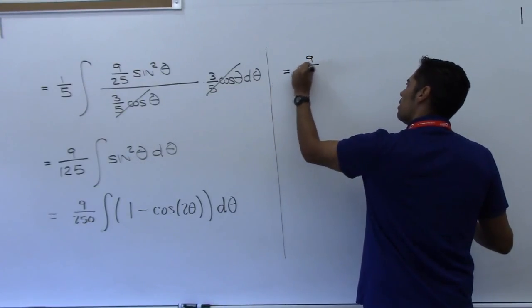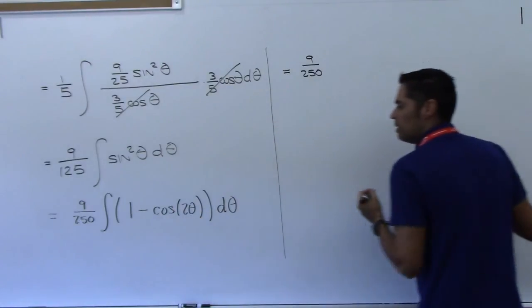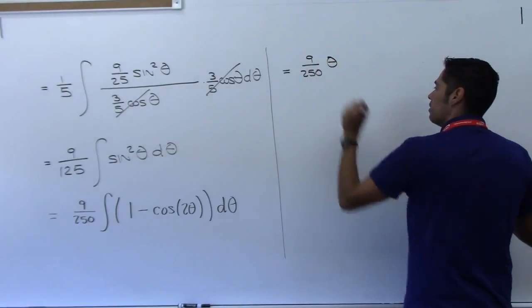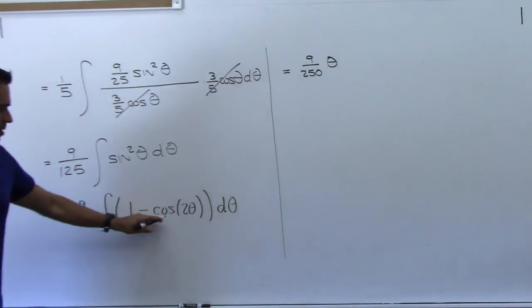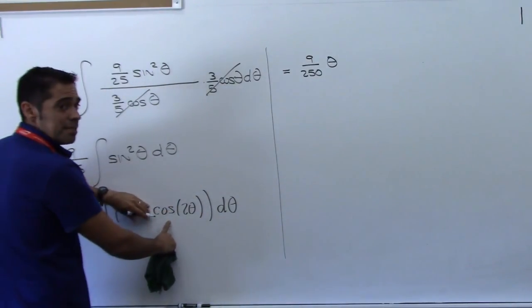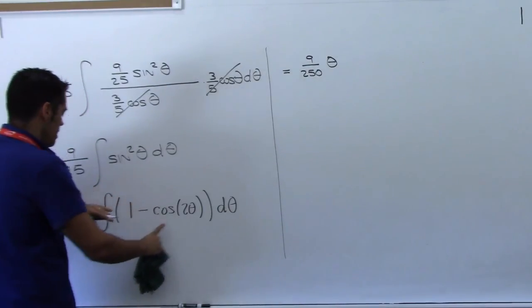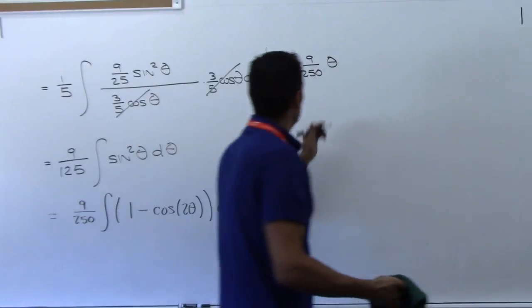So 9/250ths, antiderivative of 1 is going to be theta here. So Zach, you're going to have an inverse trig function here at the end. And then the antiderivative of this is going to be 1/2 sine 2 theta, but then there's a negative, so negative 1/2 sine 2 theta, but then there's a 9/250. So how about 9/500?